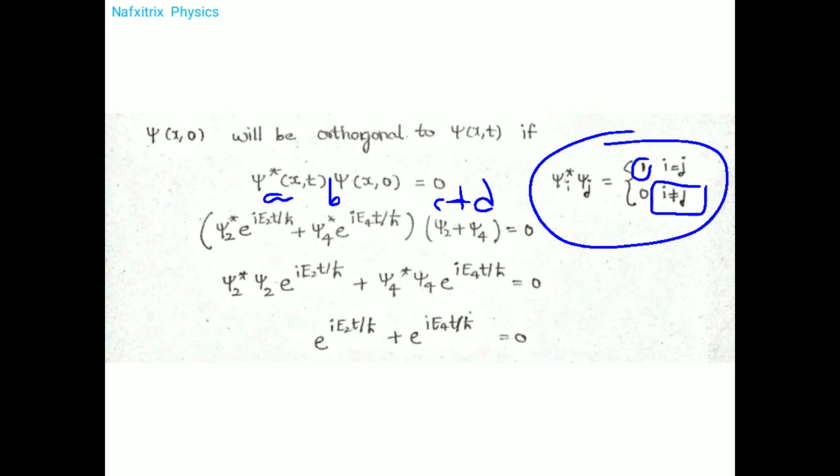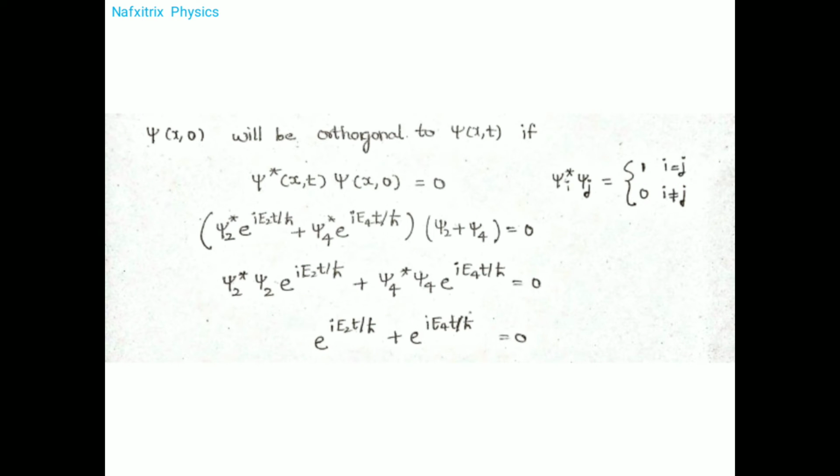Here, this ξ2* e^(iE2t/ħ) and this, when they are multiplied together, what we will get is ξ2*ξ2 e^(iE2t/ħ). That is one of the things. And next is this ξ4* into ξ4, so ξ4*ξ4 e^(iE4t/ħ).